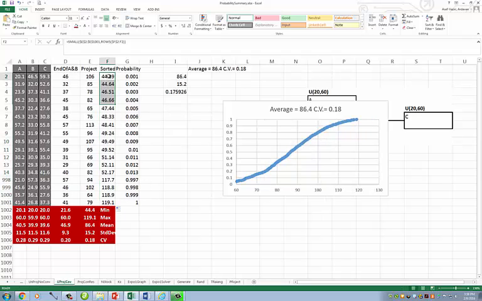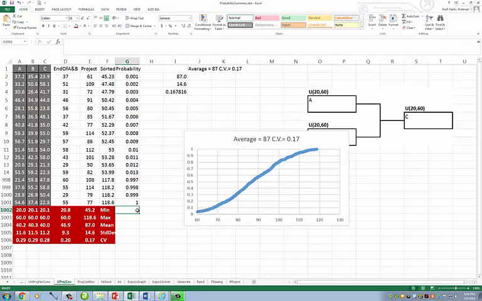This is the smallest duration of the project. This is the largest. And I'll go here and type rows, and I have 1000 numbers. So it's 1 divided by 1000, 2 divided by 1000, and so on and so forth. So I copy it down.